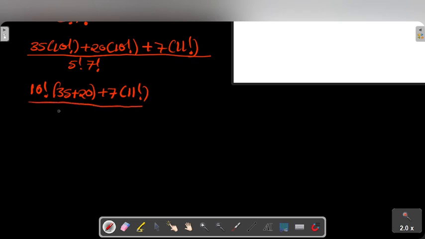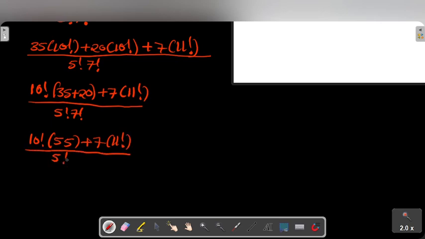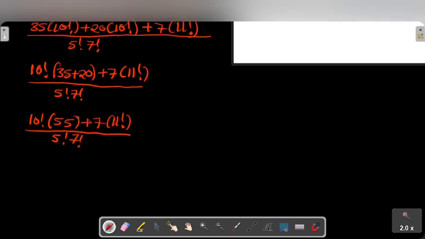Then you're going to divide by 5 factorial 7 factorial. So now you have 10 factorial open, then 35 plus 20, that will give us a 55, then plus 7, then open, this is 11 factorial. Then you're going to divide that by 5 factorial 7 factorial.